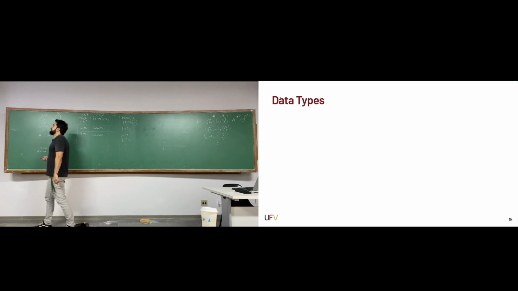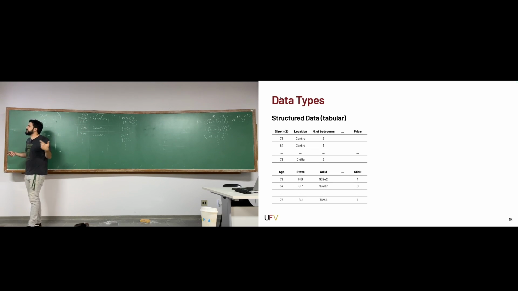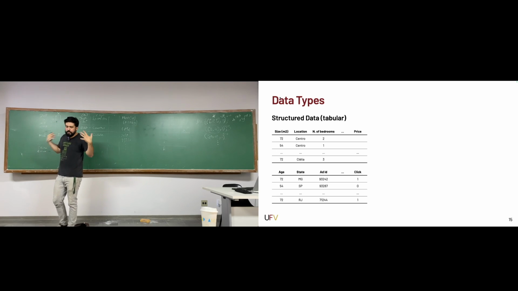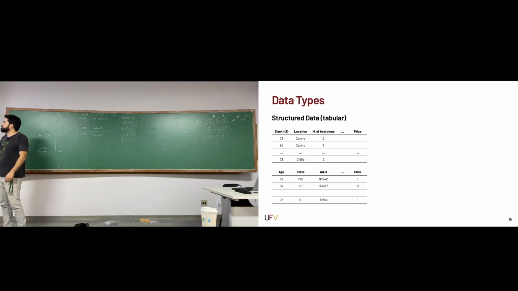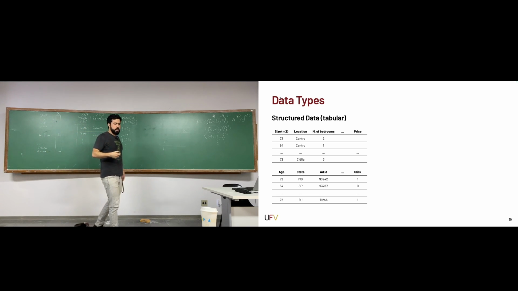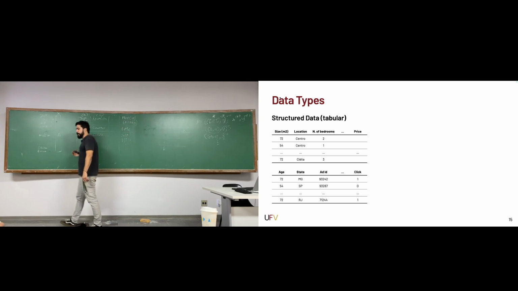Okay, and finally, we already probably talked about this, which is this idea of data types. I want to make this clear. When I say, at least in this course, when I say structured data, I mean tabular data, like this one, for example. This table here for the house price prediction. And this here could be another example, a very common prediction problem on the web.